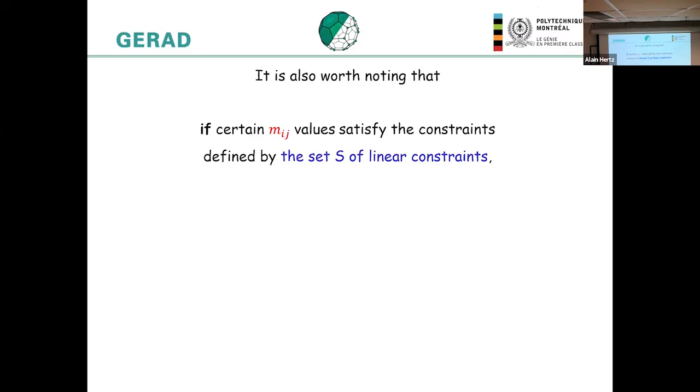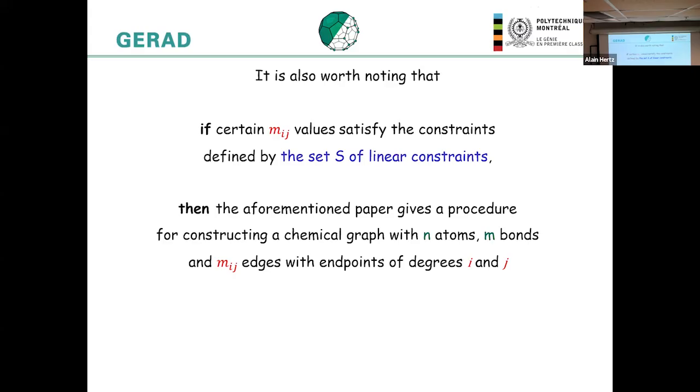You not only know that there is a graph, but it's very easy to obtain a graph that satisfies it. In all graphs? No, there are too many. Sometimes with the same Mij values, you can have an exponential number of graphs. But chemists just want to know the optimal value and an example of a molecule, but the number of molecules that satisfy this can be very big. So I will use it later.